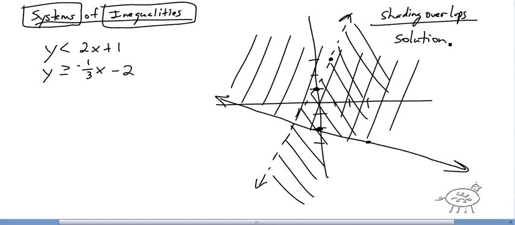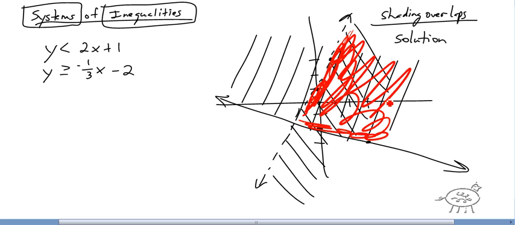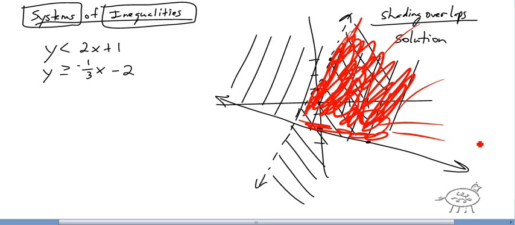So what you need to do is either shade it in darker or use another pen or something. Our solution is, and I'm going to just shade it in here, and it keeps going. Just because I shaded this one area, it actually keeps going out. It's huge, the area is infinite.